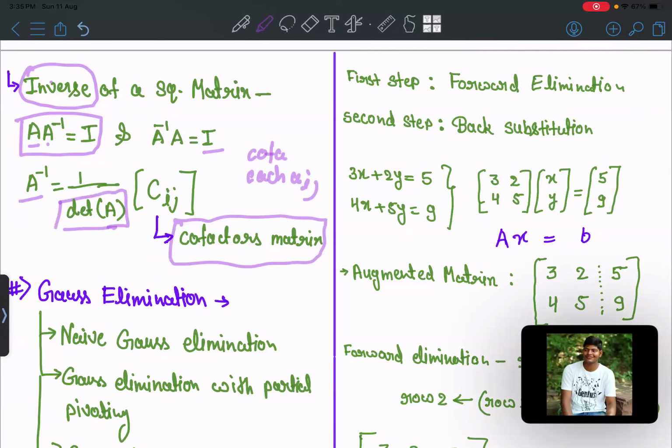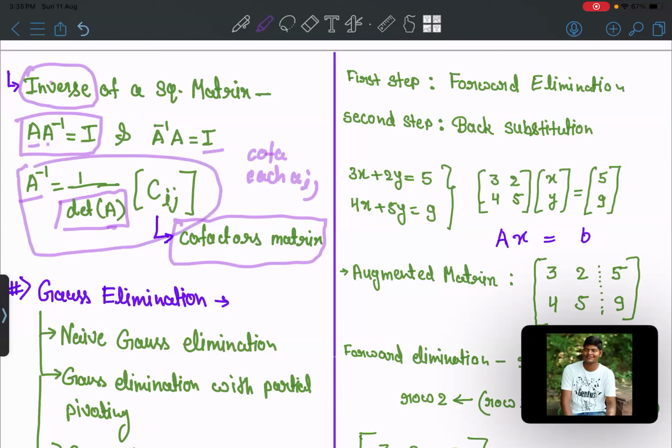Finding A inverse this way is a very tedious problem to solve on a computer. That's why we always try to find another way to do matrix inversion rather than going for this formula.